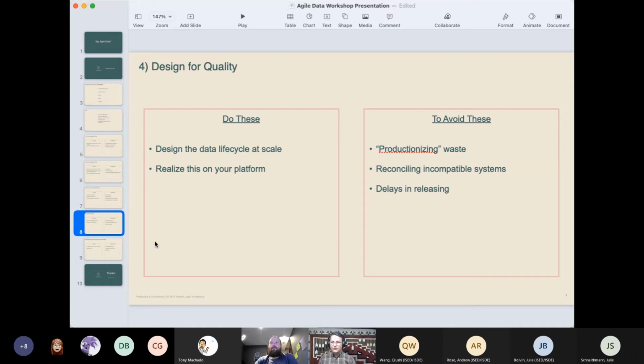It's going to help you avoid reconciling with an incompatible system that's out there that you didn't discover because you weren't looking. Again, seen that happen. And delays in releasing because suddenly the tests fail in production when they were working in staging or in development, right? So push it all the way through.